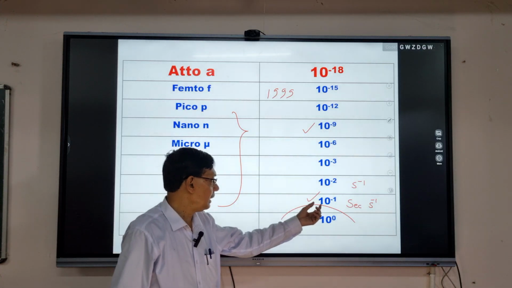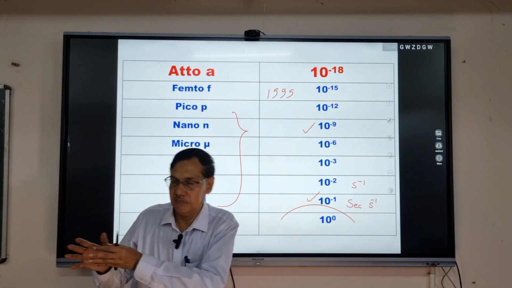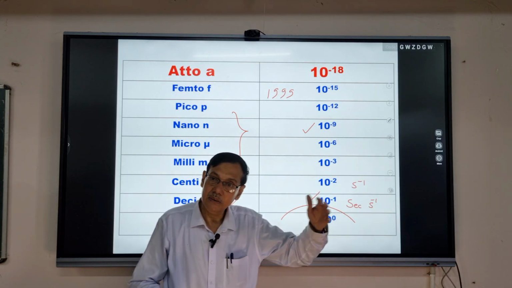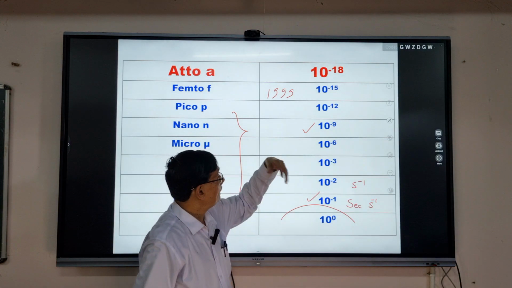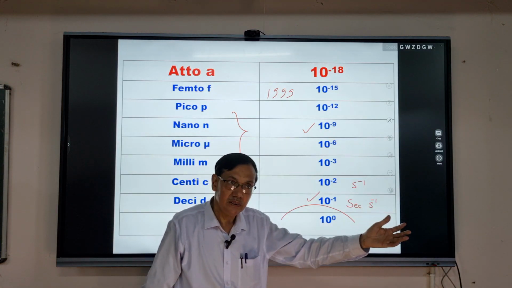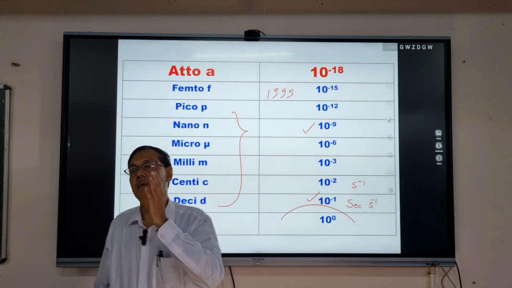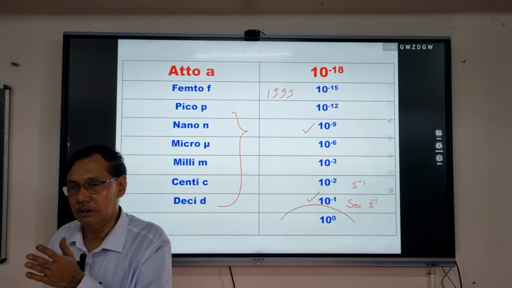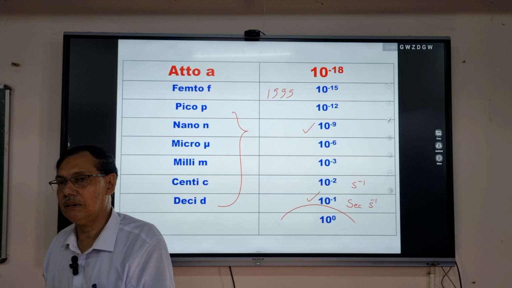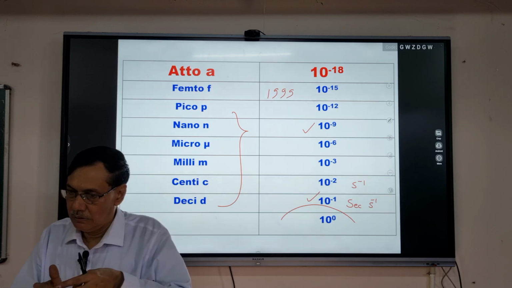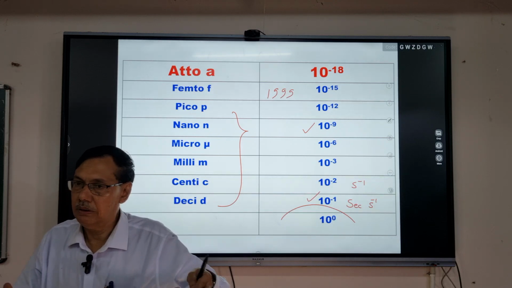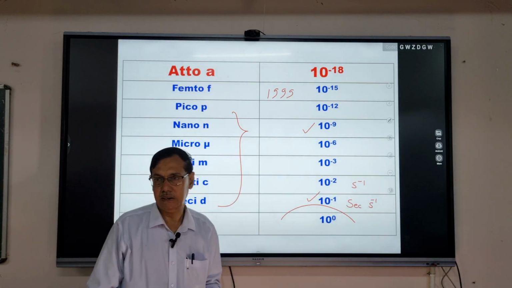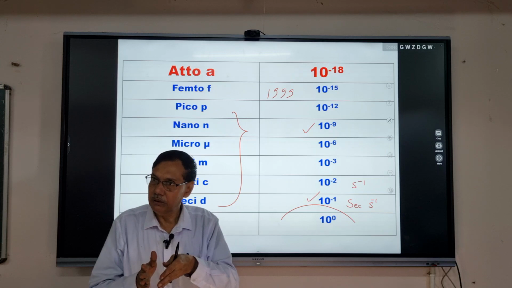For 10 to the power minus 1, there are certain techniques. For 10 to the power minus 9, there are certain techniques. For 10 to the power minus 12, there are certain techniques. So depending upon the half-life period or nature of the reactions, the techniques have been divided.